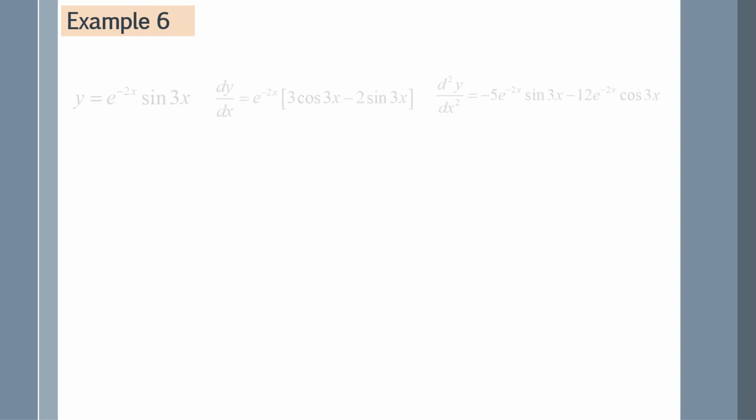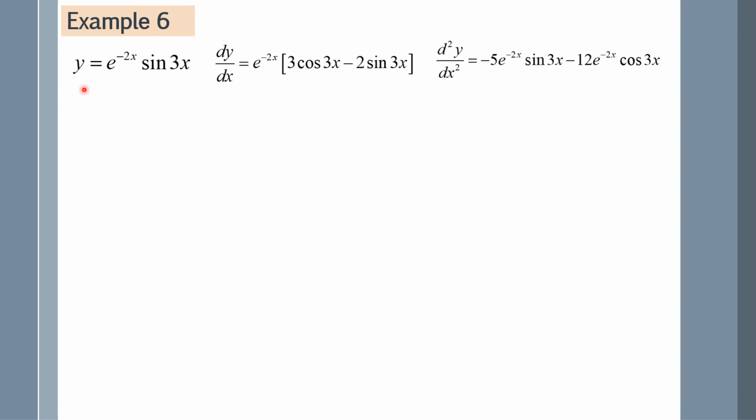From the previous slide, y equals e to the power of negative 2x sin 3x. If we differentiate, we get dy/dx, and differentiating again gives the second derivative, negative 5e^(-2x) sin 3x minus 12e^(-2x) cos 3x.